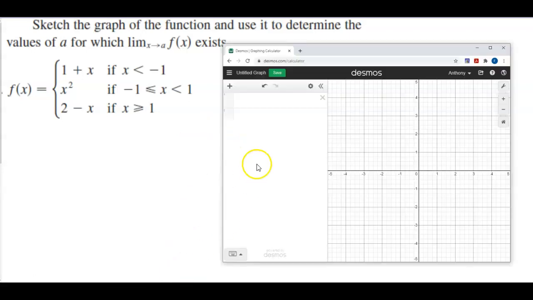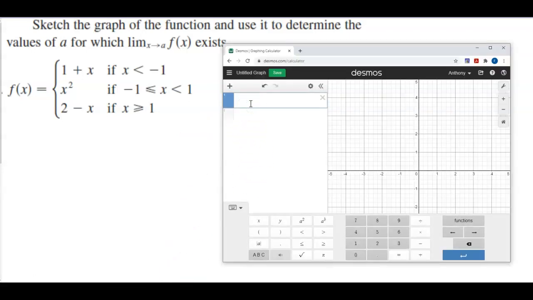We can go ahead and do that on Desmos. So we have the first function, which is 1 plus x, and then we're going to put in the restriction, which uses the braces, and this is x less than -1 in your braces.